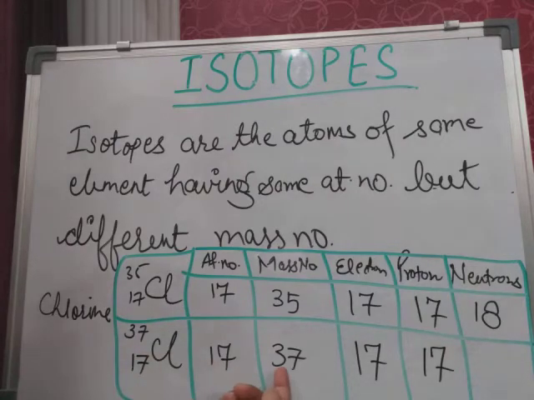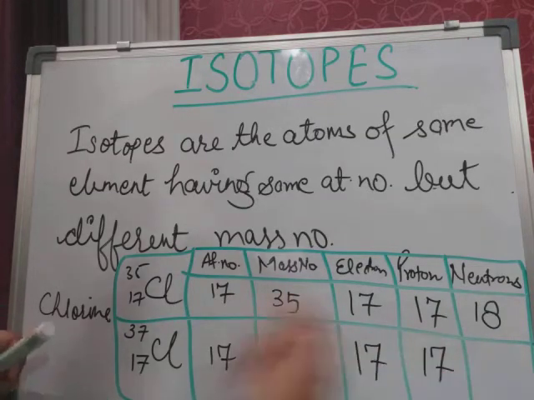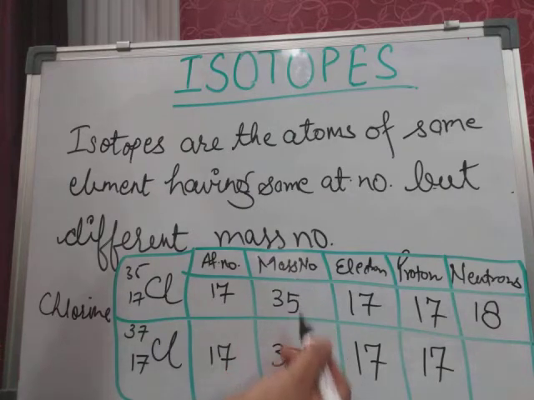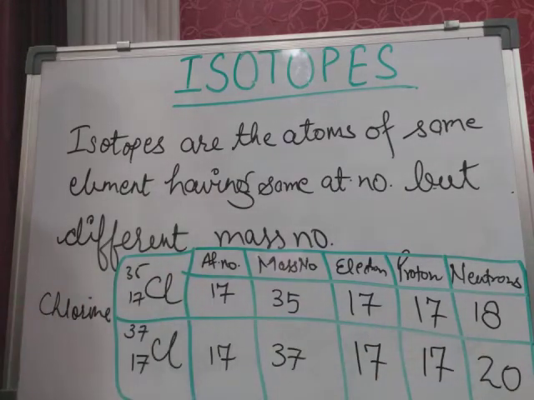And for this isotope, the atomic number is 17, the mass is 37 and the number of protons is 17. We know that the total mass of an atom depends upon protons and neutrons. So the mass number should be equal to the number of protons and neutrons. Since its mass number is 37 and its number of protons is 17, its number of neutrons is 20.